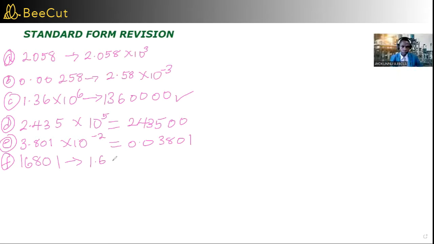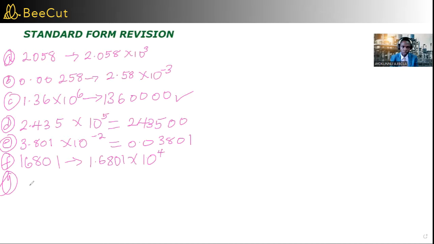So it's 1 point what? 1 point 6, 8, 0, 1. Yes. Times 10. Where's the power? 1, 2, 3, 4. Where's the power 4? That's powerful. So now that is correct.